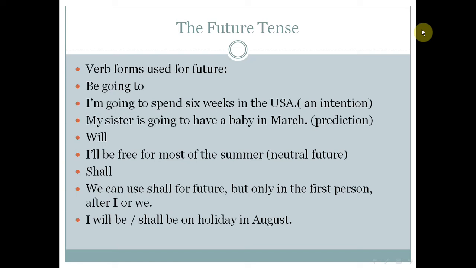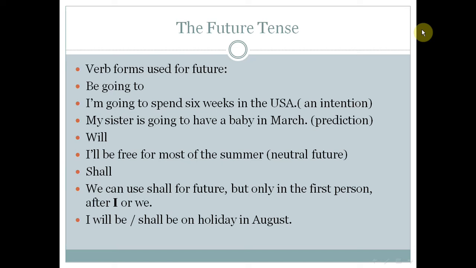When you intend to do something in the future, it's better to use I'm going to do something in the future, intention. Now, my sister is going to have a baby in March. Prediction. The same pattern be going to plus infinitive is used for prediction, certain prediction, based on real evidence in the present time.